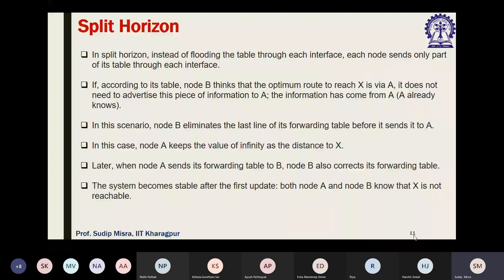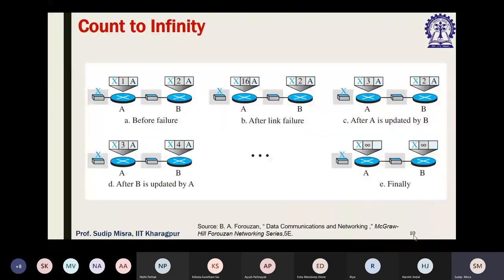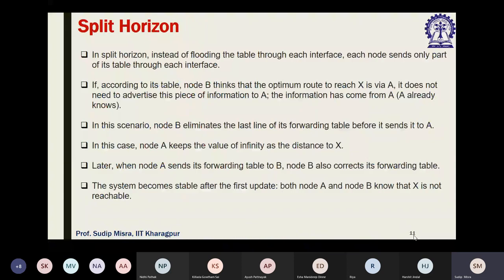The problem earlier, in the count to infinity, was that everybody kept on updating, so that the distance to reach X became infinity through the other node. Now you have tried to overcome this problem through split horizon.